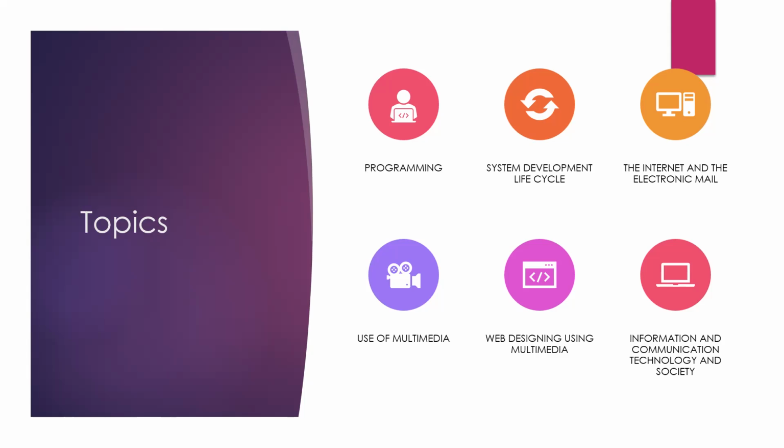Third one, we have internet and email, right? Then multimedia, right? Then web design, and finally ICT and society, right? And the second thing I would like to know, right, this is anonymous.